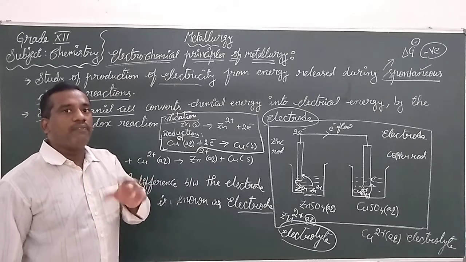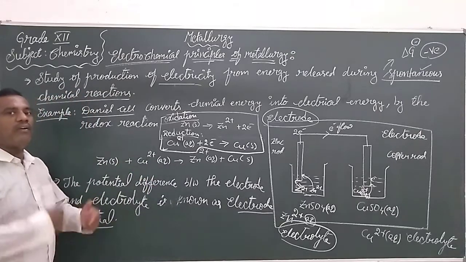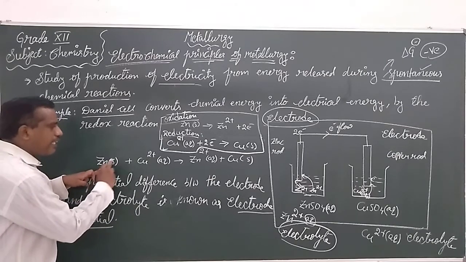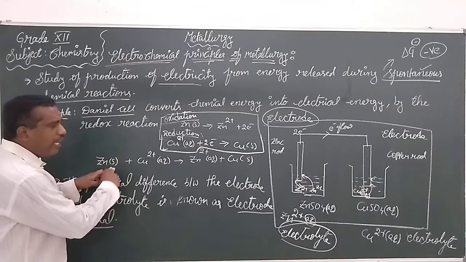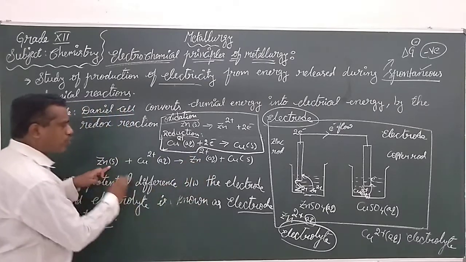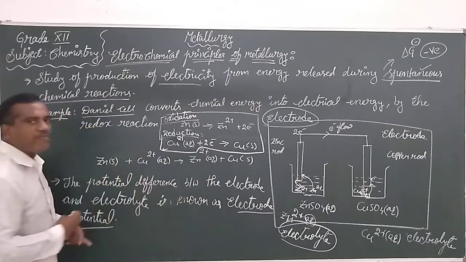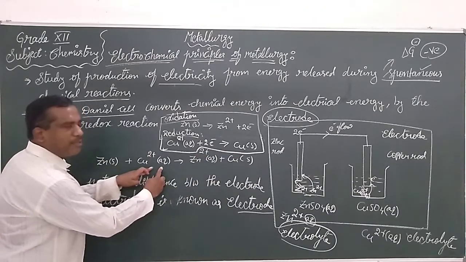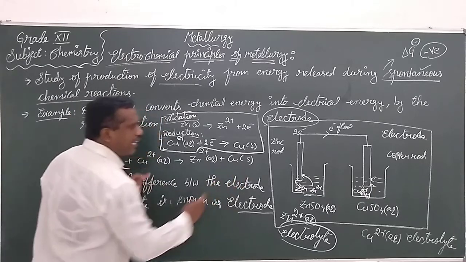In this chemical reaction, the overall reaction that we have represented is: the zinc rod is losing electrons and forming zinc 2 plus ions, which means zinc is undergoing oxidation; copper 2 plus ions are accepting the electrons and undergoing reduction.